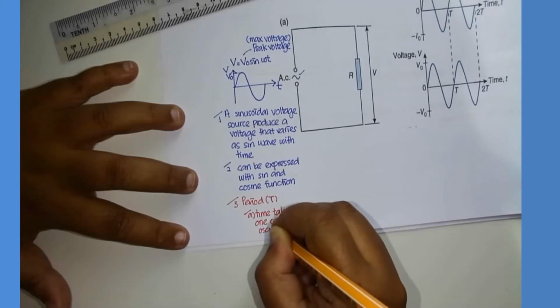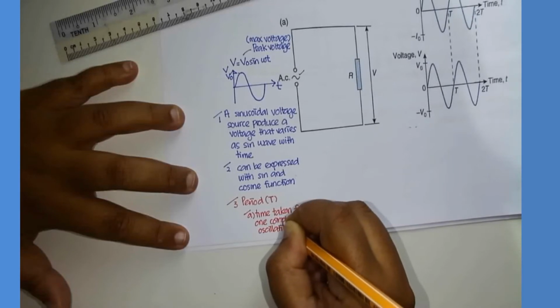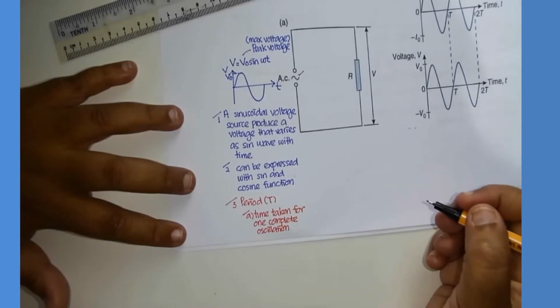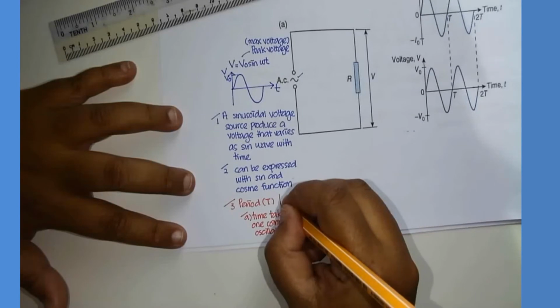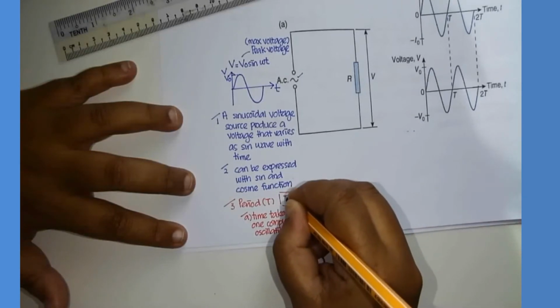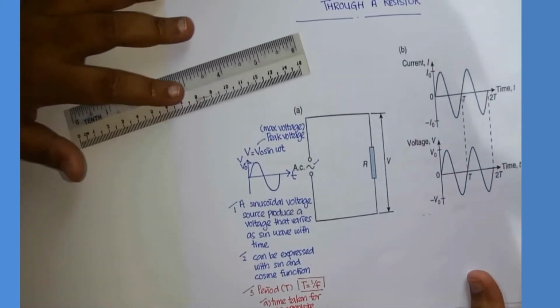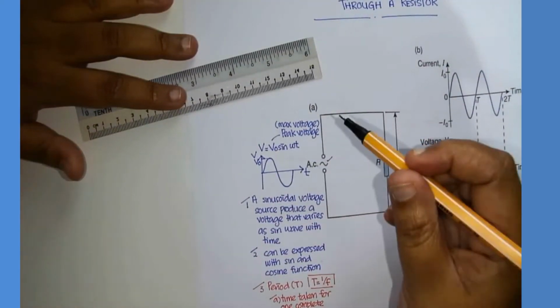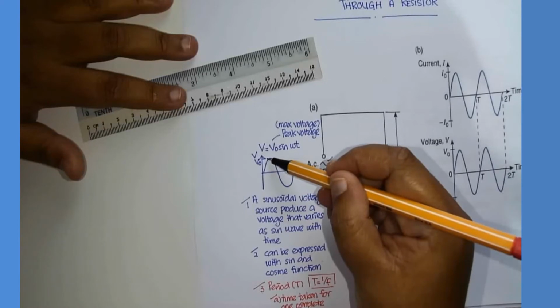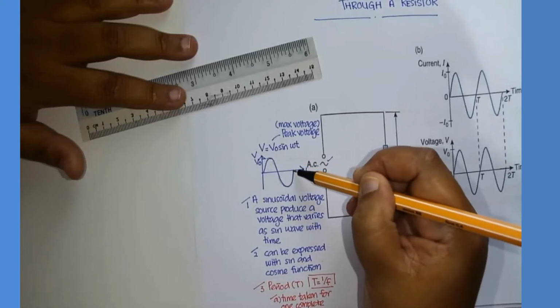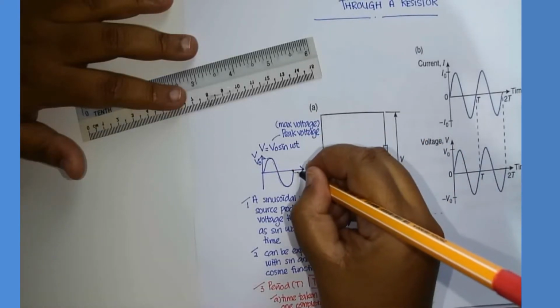T is equal to 1 over f. If I draw the graph, one complete oscillation will be from here, then here, and back here. So this will be the period T.